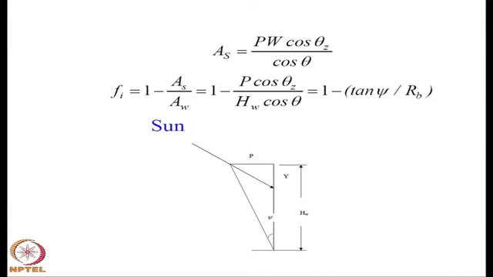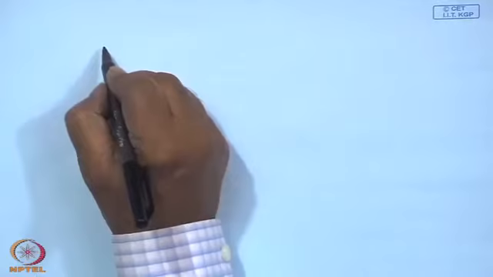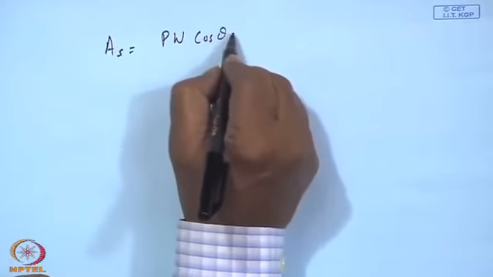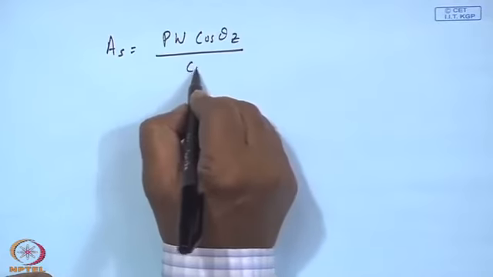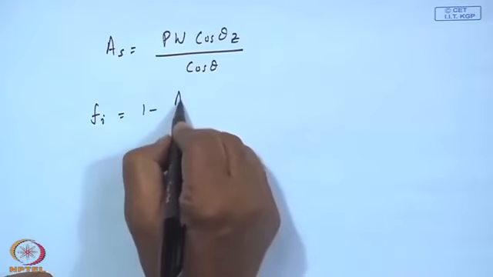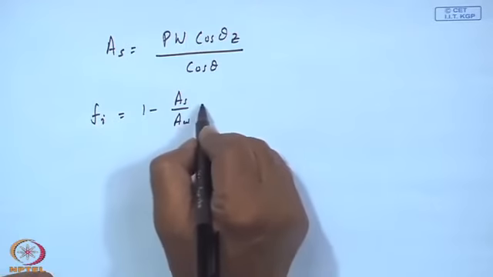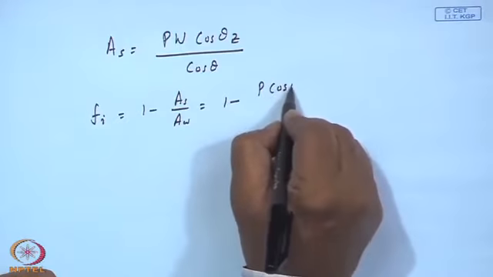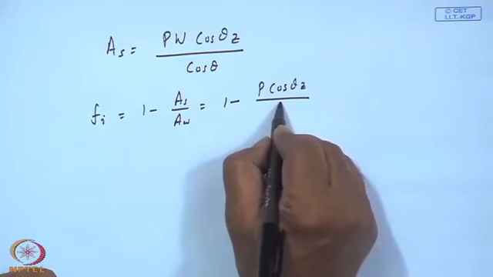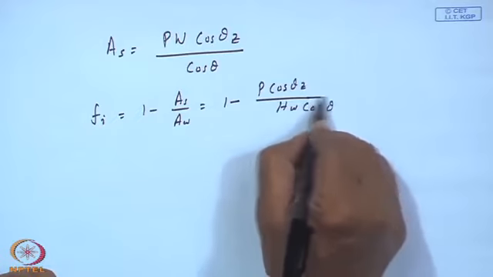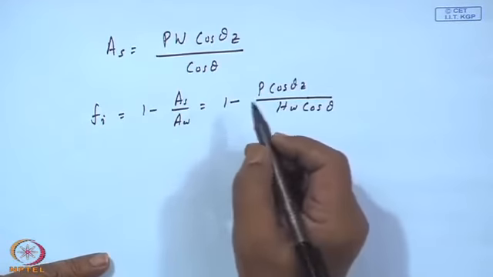So, my shaded area for the rectangular shape, because the overhang is infinitely long, is P W, simple trigonometry, upon cos theta. So, my Fi is 1 minus A s upon A W, equal to 1 minus P cos theta z by H W cos theta, because A W is H W into P. So, that is what you will get.